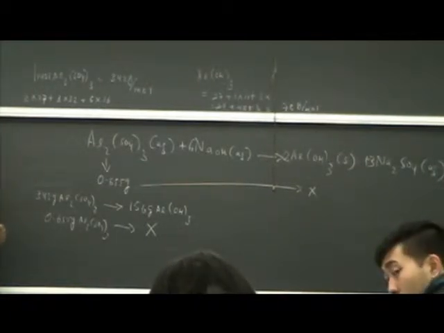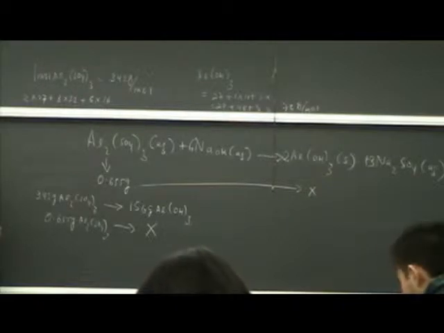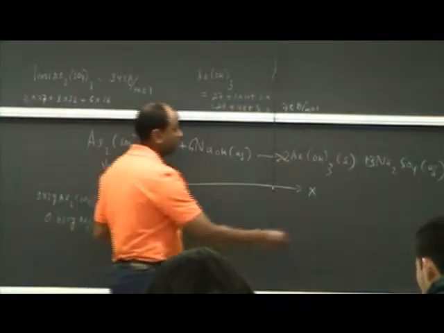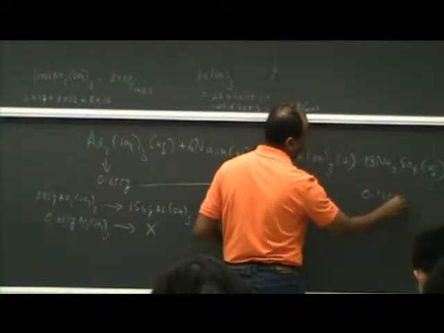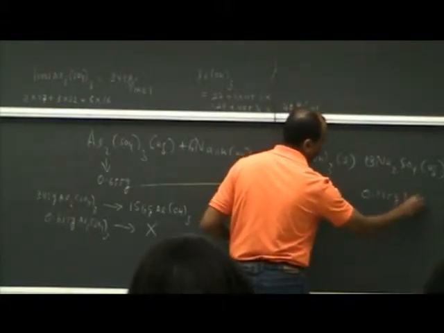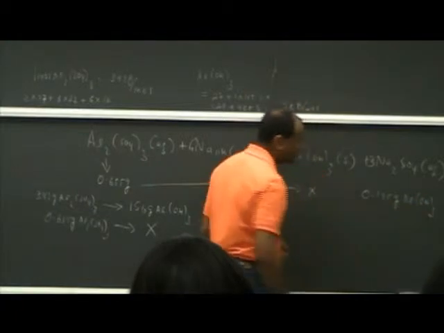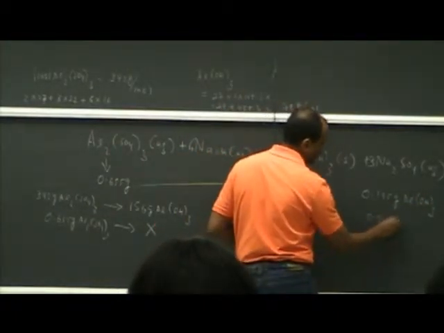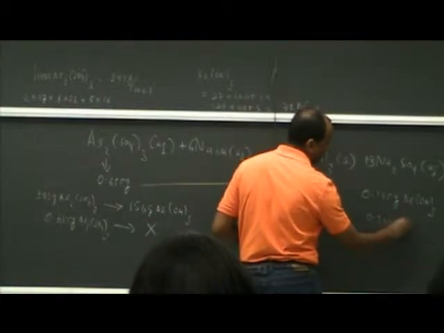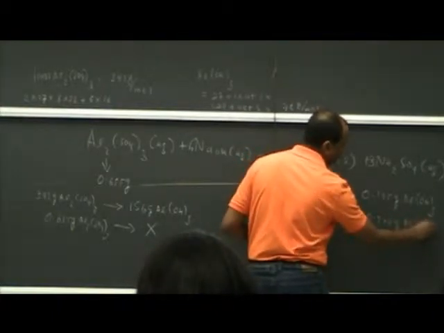You want the answer? Yeah. I got 0.195 grams. 0.195 grams of what? Aluminum hydroxide. Okay, let's see. I got 0.298 grams of aluminum hydroxide. Okay, very good.